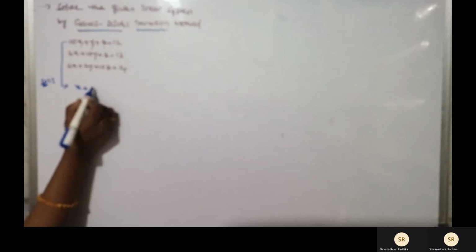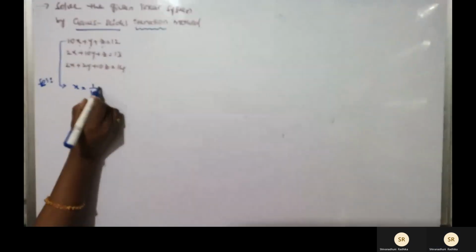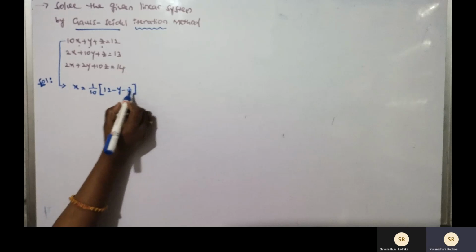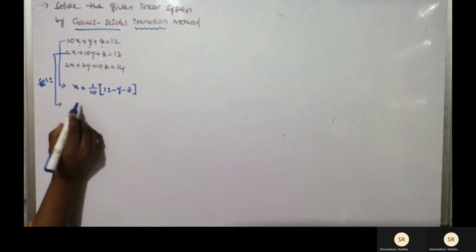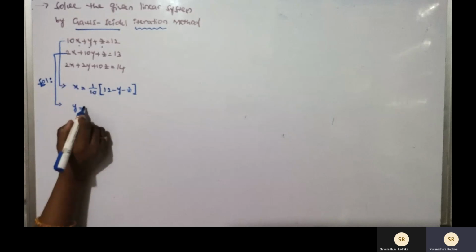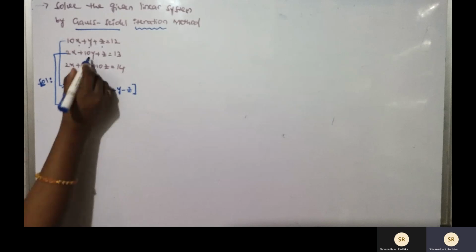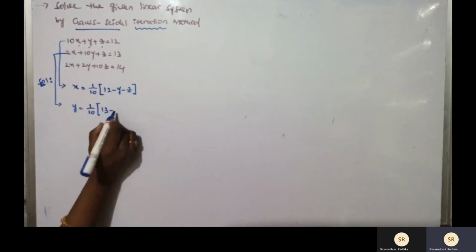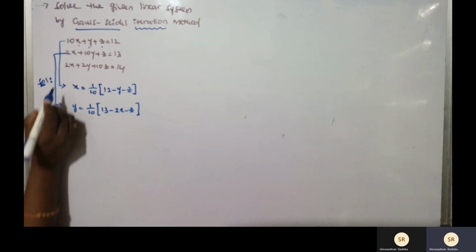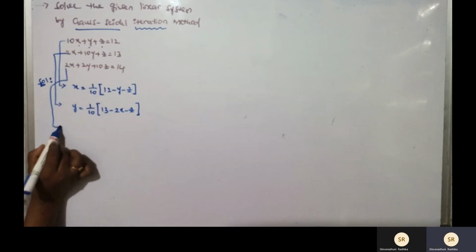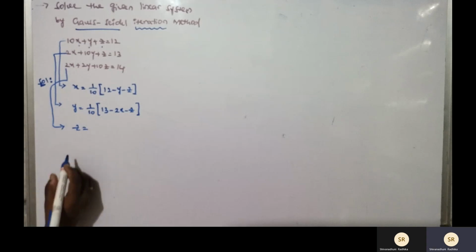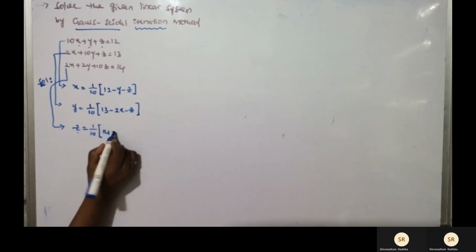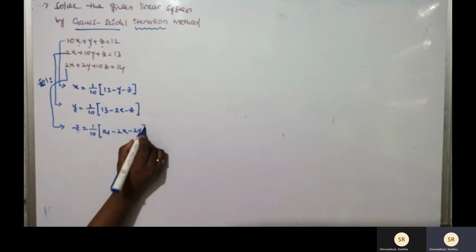X equals 1 by 10 into 12 minus y minus z. For the second equation, I'm going to take y outside, so y equals 1 by 10 into 13 minus 2x minus z. For the last equation, I'm going to take z, so z equals 1 by 10 into 14 minus x minus 2y.